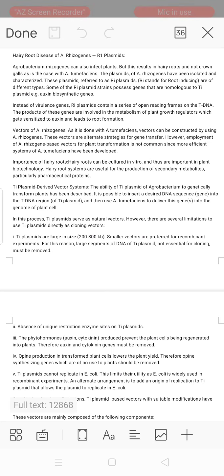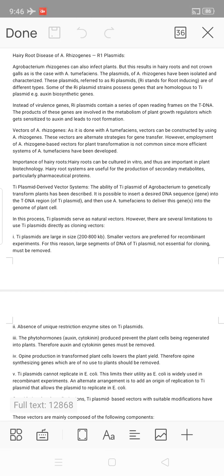The products of these genes are involved in the metabolism of plant growth regulators, which makes the cells sensitized to auxin and leads to root formation.